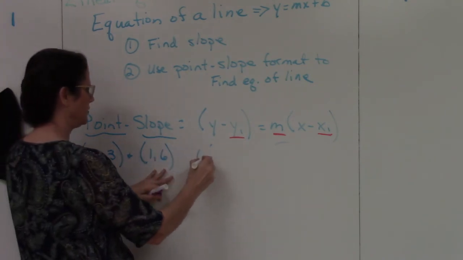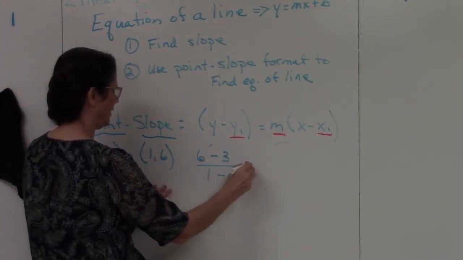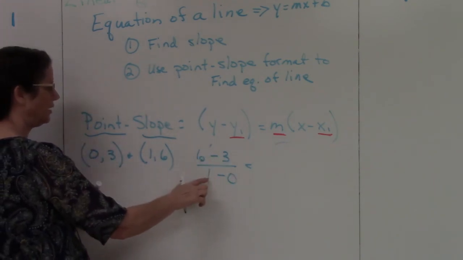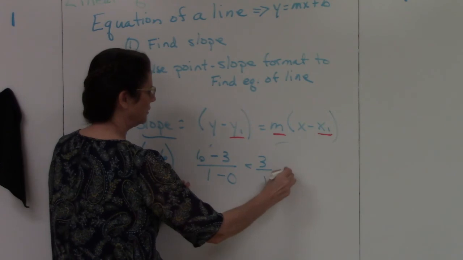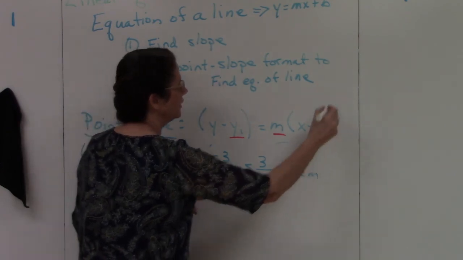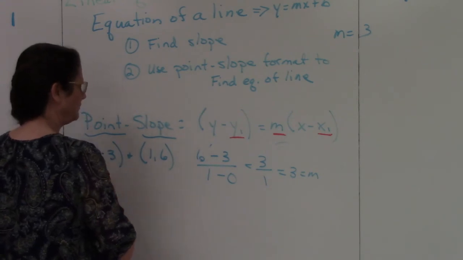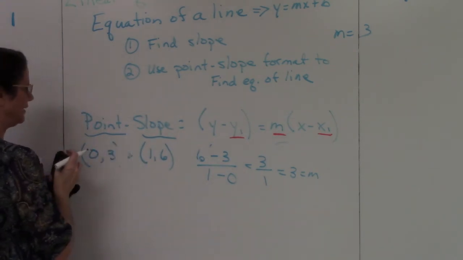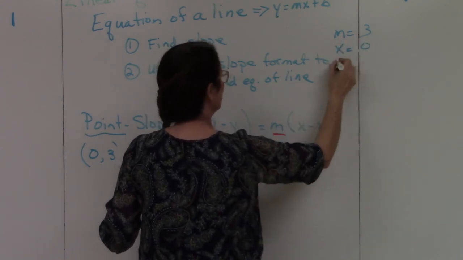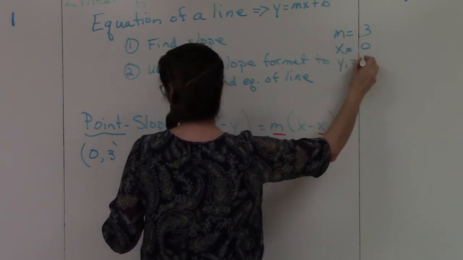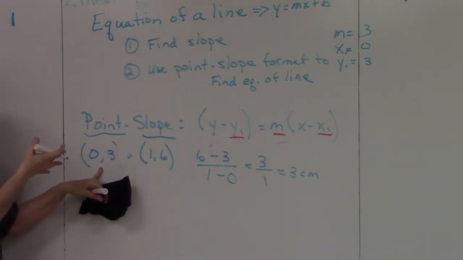So I'm going to do 6 minus 3 over 1 minus 0, y minus y, x minus x. So I have 3 over 1, so my slope is 3. Okay, so now, oh, and I need my x value is going to be 0. My y value is going to be 3. Okay, so I just used this one because 0 is a great number to use.